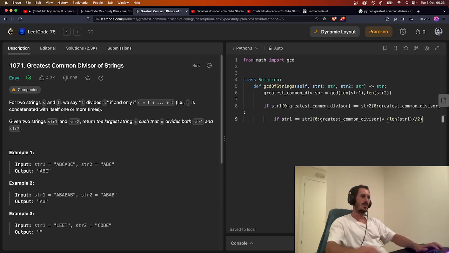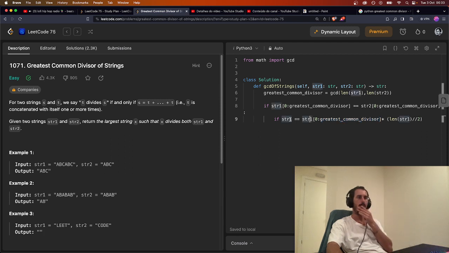Why are we saying this? String 1 is AB, AB, AB. We know the greatest common divisor will be 2, so AB, AB, AB must be equal to AB times the length of string 1, which is 6, divided by 2, which is 3. So AB times 3 must be AB, AB, AB.